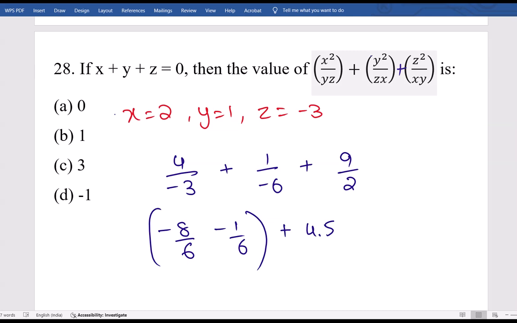Minus 8 minus 1 is minus 9. Minus 9 divided by 6 is minus 1.5, that is minus 3 by 2, right? Which will give plus 3. It's not 0, as some of you mentioned. I got it as 3.